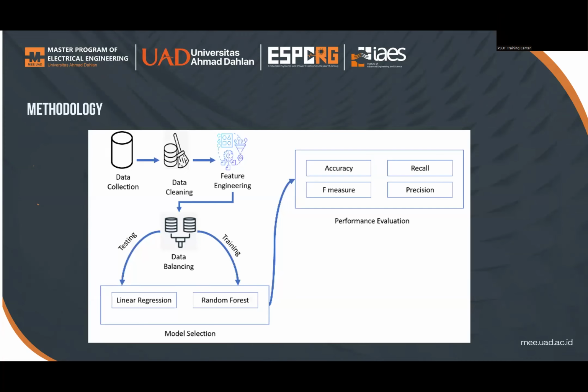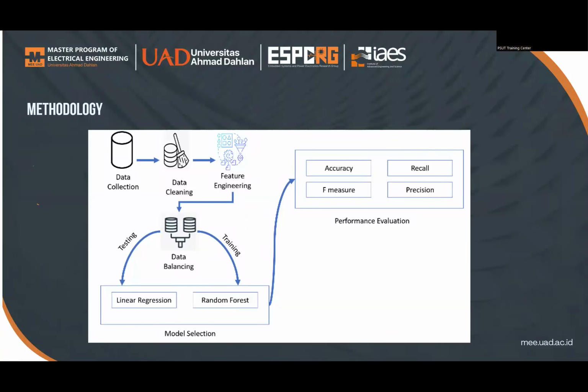Our methodology consists of the following process. The first step is data collection. Then we apply a data cleaning process to clean the data from ambiguity and unclear data. Then we apply some techniques for feature engineering.